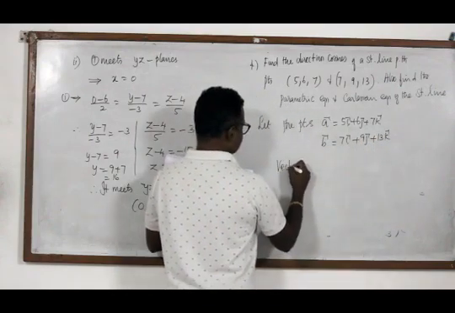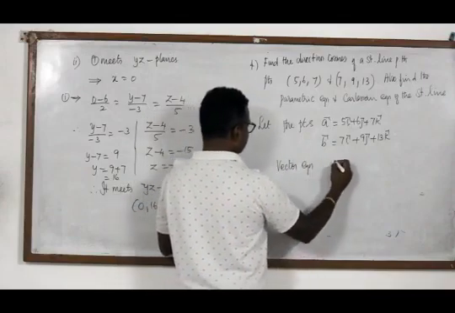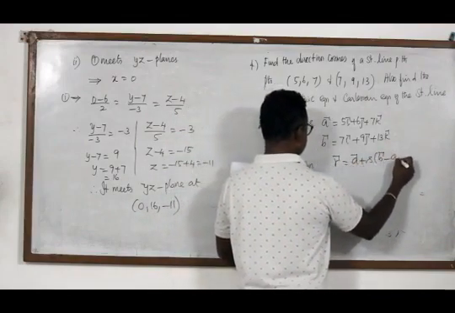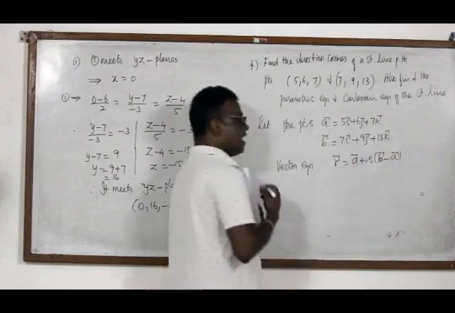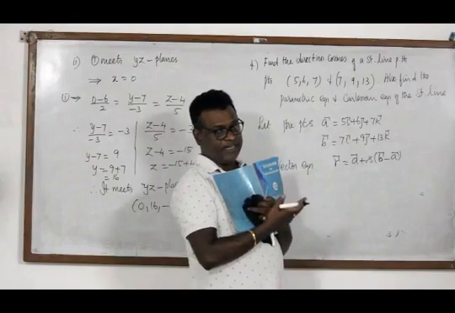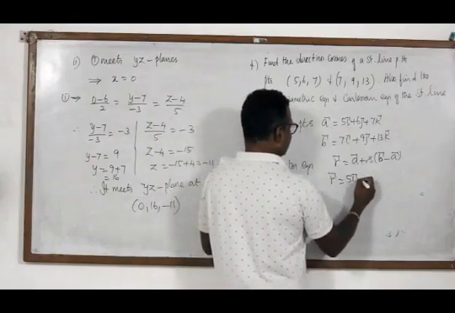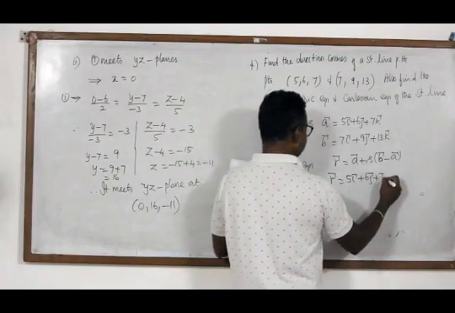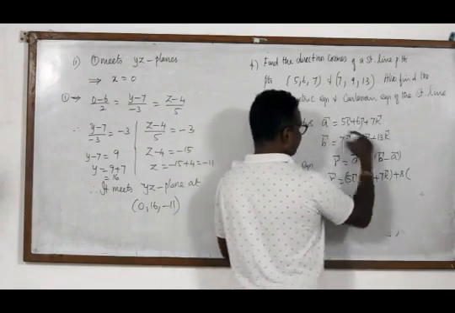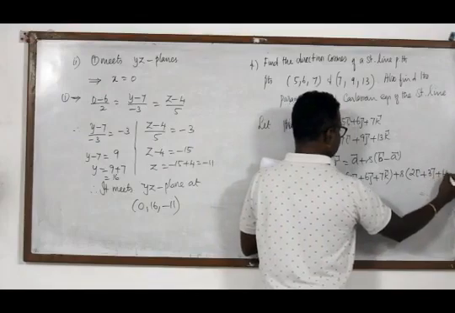Then the vector equation, that is the parametric vector form, is R vector equal to A vector plus S into B minus A. Now, you must understand, I am free to take any point as A vector and any point as B vector since both are points. So this equation can be written as 5i plus 6j plus 7k plus S into B minus A, which is 7 minus 5 is 2i, 9 minus 6 is 3j, 13 minus 7 is 6k.